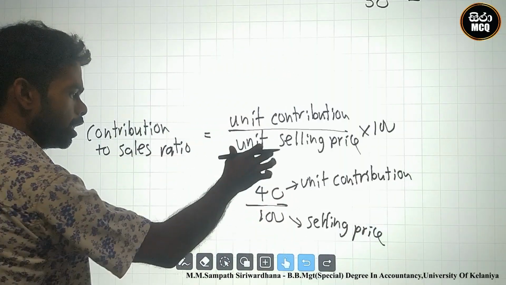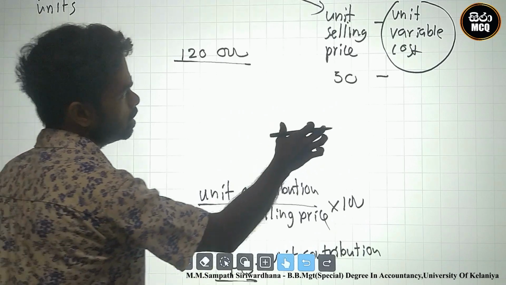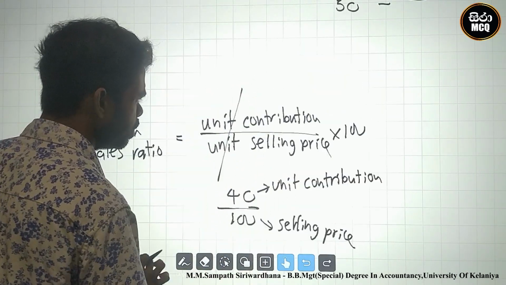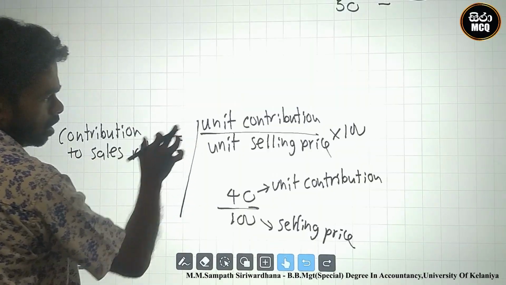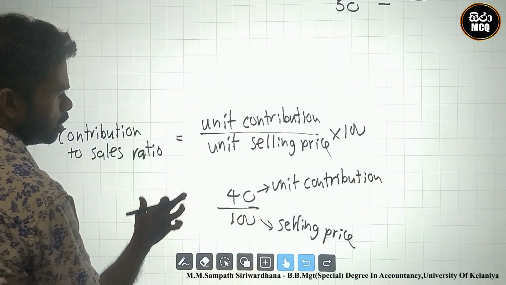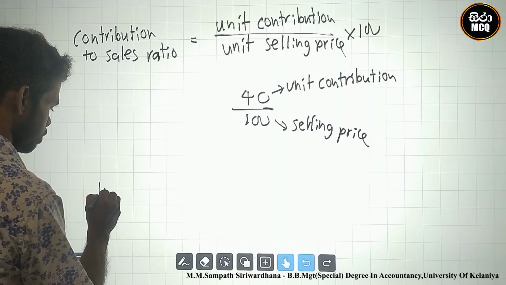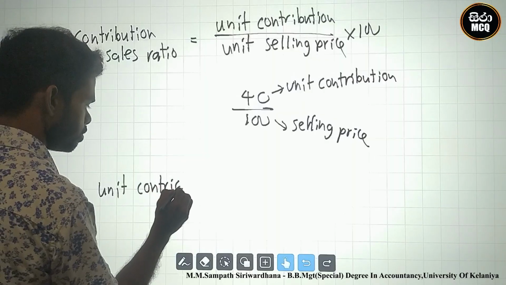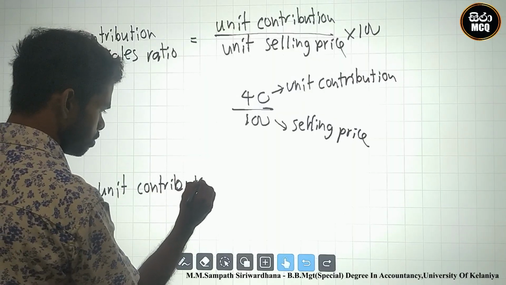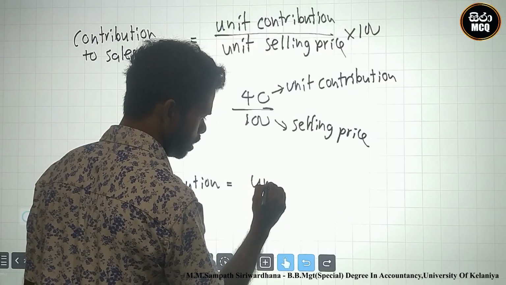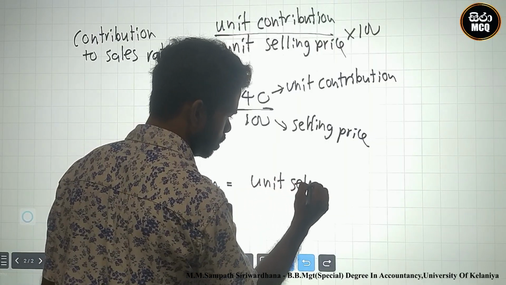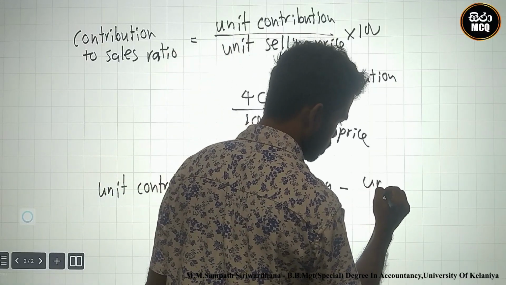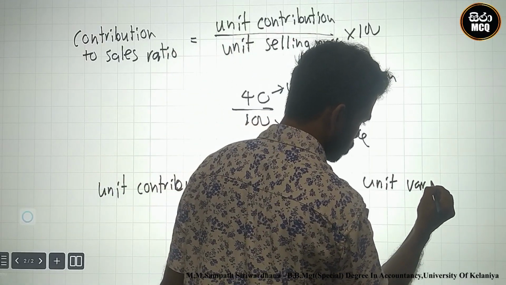How can we link this to the actual values? Unit contribution equals unit selling price minus unit variable cost.